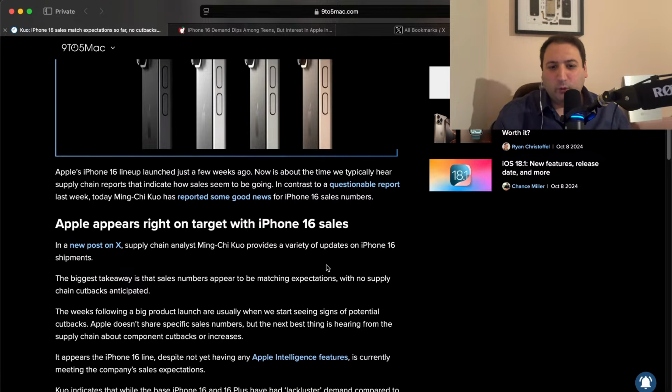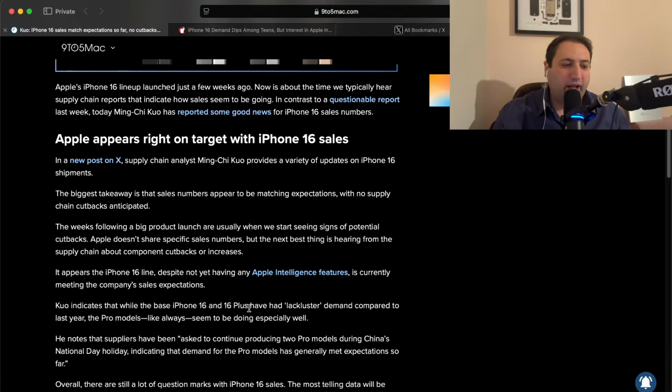So I have said time and time again, I expect the iPhone 16 generation to roughly end up in the ballpark of the iPhone 14 and 15 series, maybe a little higher than iPhone 14, but maybe a little lower than iPhone 15. There being nothing surprising about that.